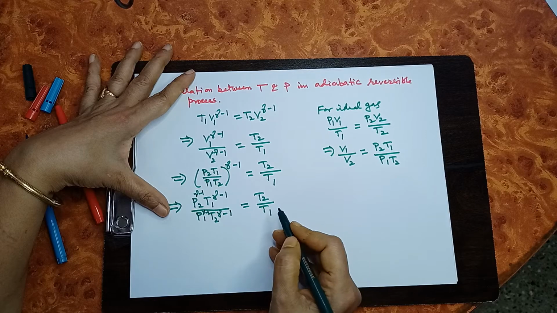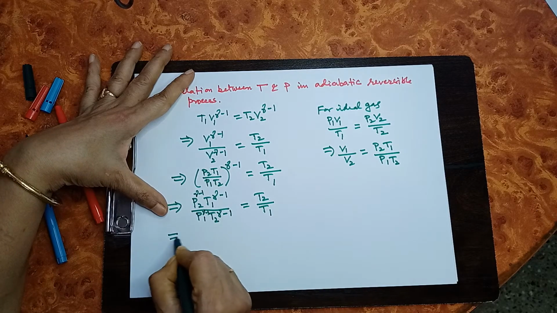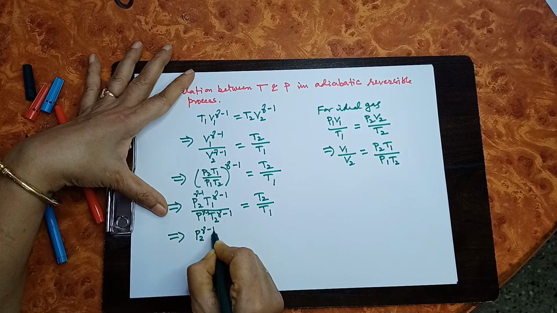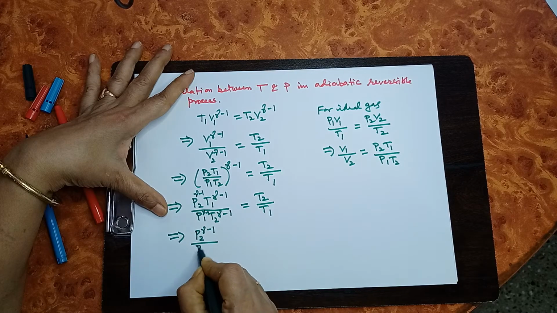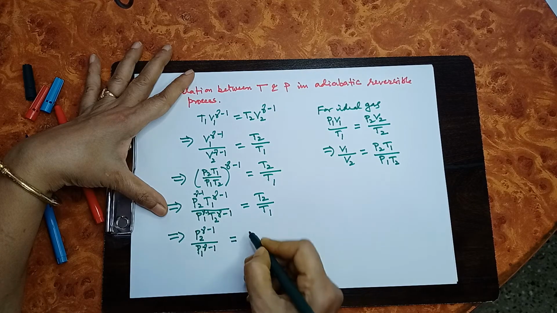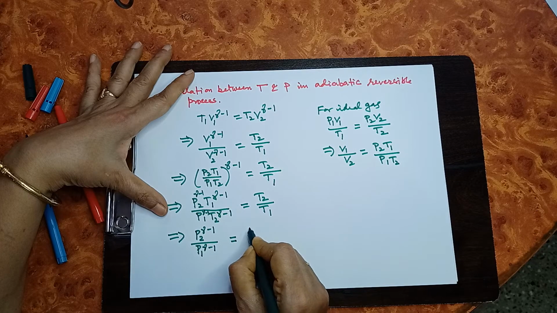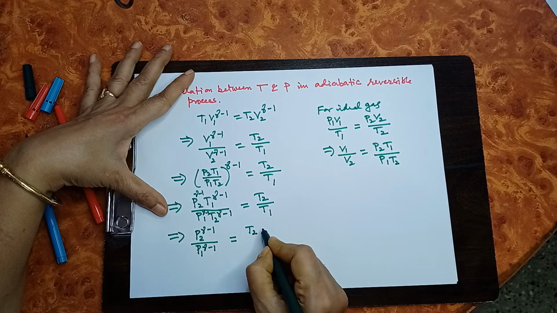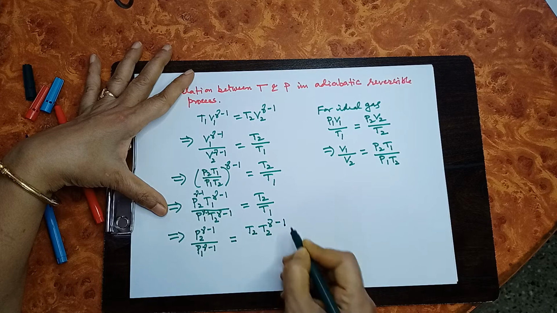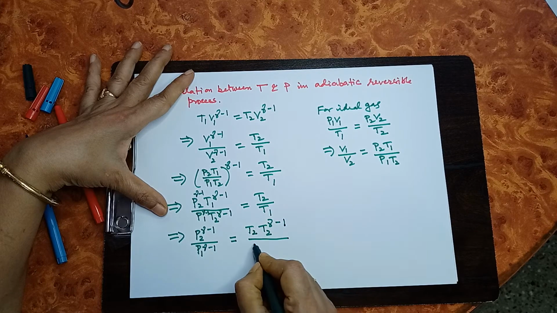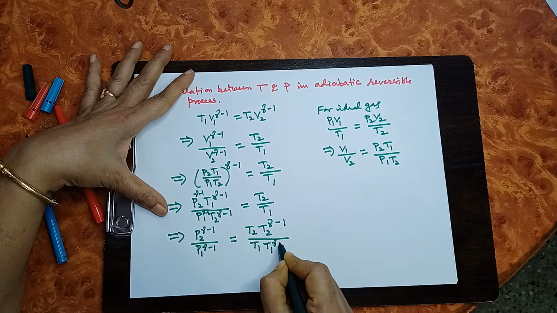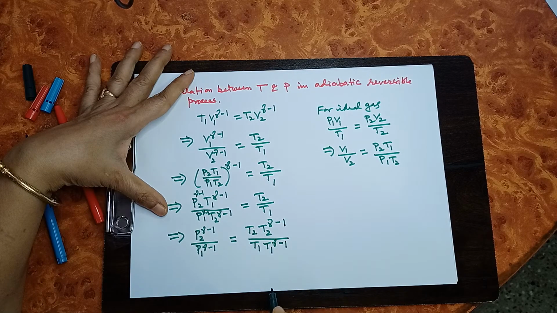So temperature will take one side, pressure on one side. So P2 to the power gamma minus 1 divided by P1 to the power gamma minus 1 is equal to T2 to the power gamma minus 1 divided by T1 to the power gamma minus 1.